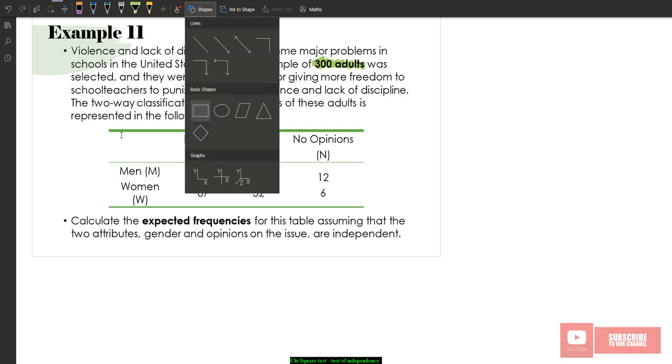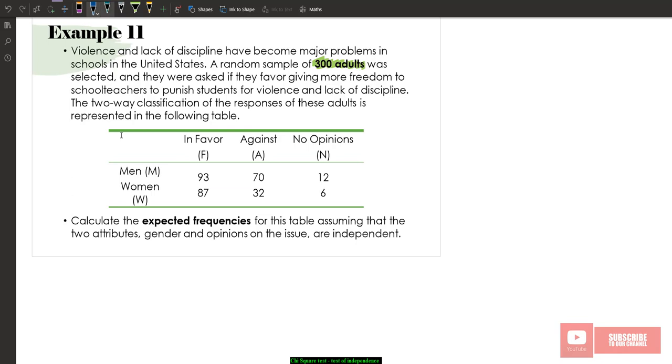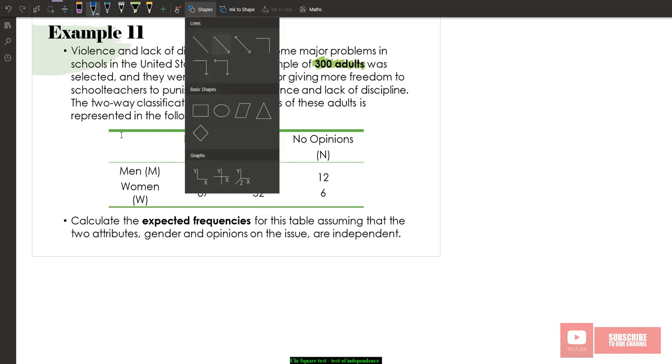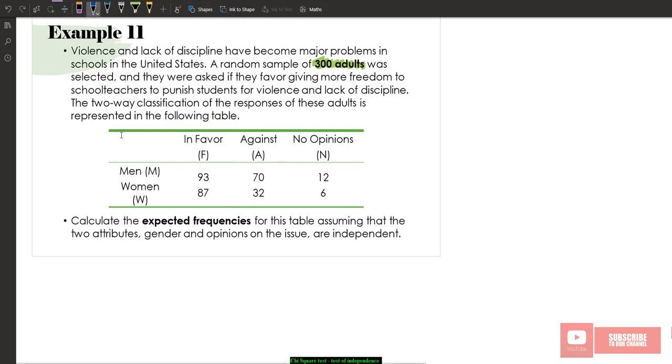Wait, I think we start with the hypothesis first. The null hypothesis: the classification is independent.